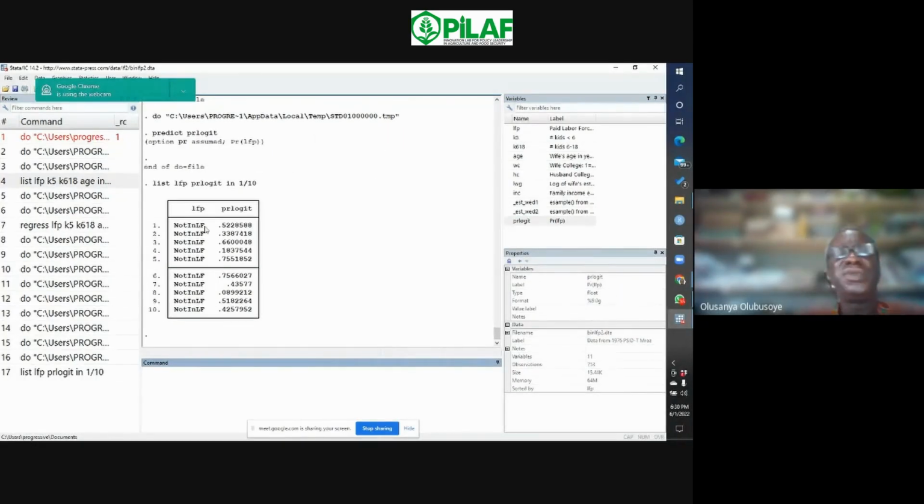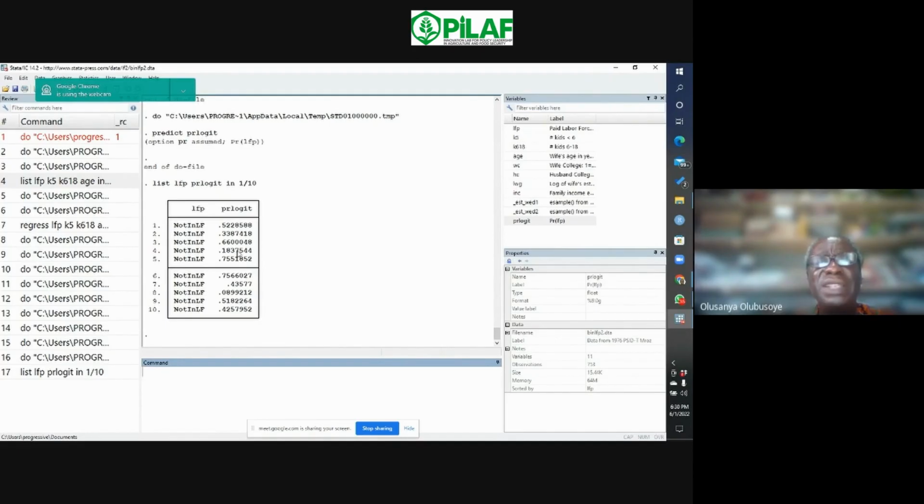So what can you say about this now? This is the probability that the first woman will participate in the labor force. This is the probability that she will not participate, even though the actual outcome is that she did not participate. This is the probability that the third woman will participate in the labor force. This is the probability for the fourth woman.